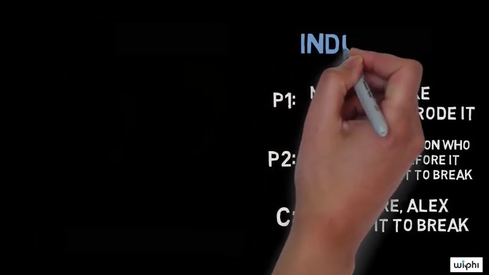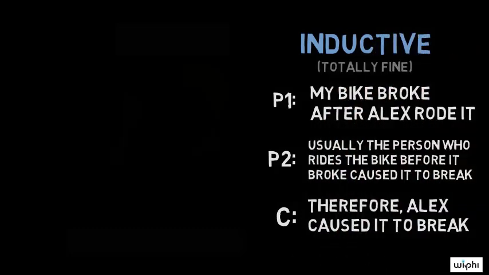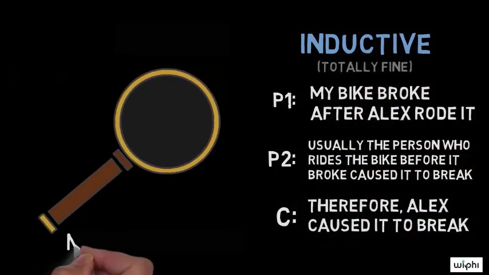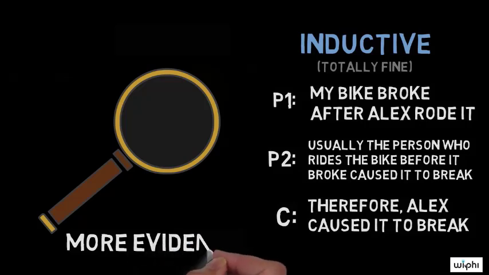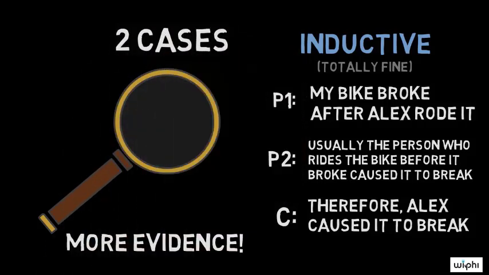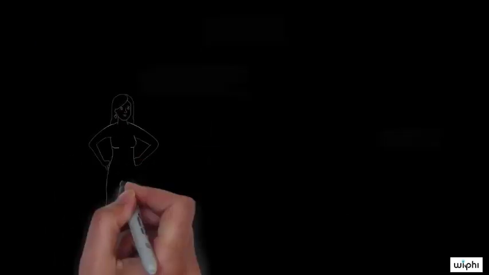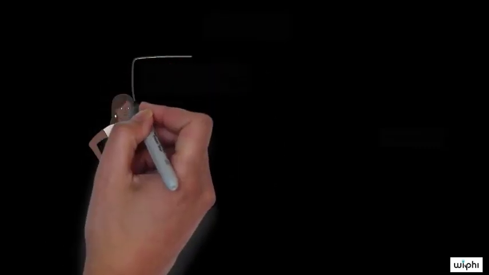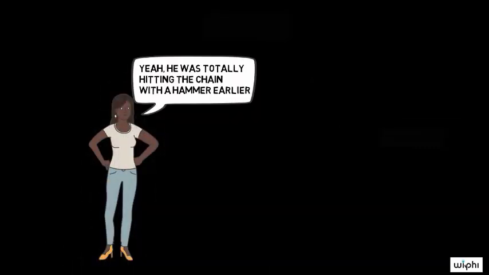But this argument is now inductive, which is fine. However, it shows us that we need more evidence that Alex broke my bike in order to conclude that he broke it, as opposed to the bike just breaking no matter what. So, let's consider two cases with more or less evidence. Case 1. Suppose my other roommate, Aaliyah, saw Alex hitting my bike chain with a hammer, and then she told me about it.